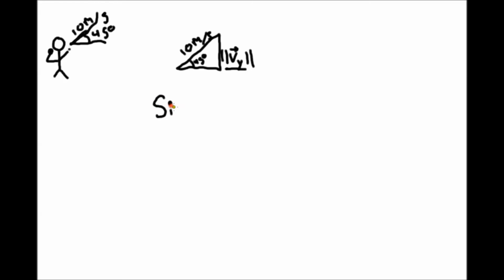So we're going to do sine of 45 is equal to the velocity of the ball with respect to y divided by 10 meters per second. Okay? And we also know that we can move this over there.